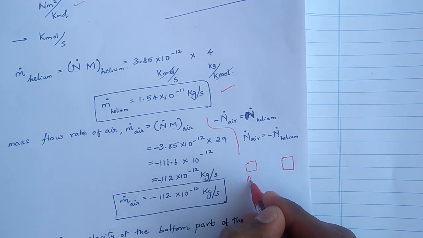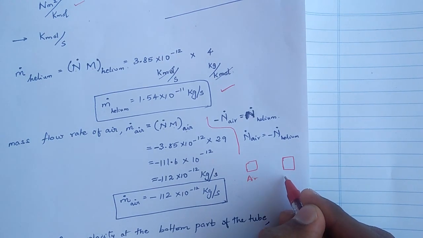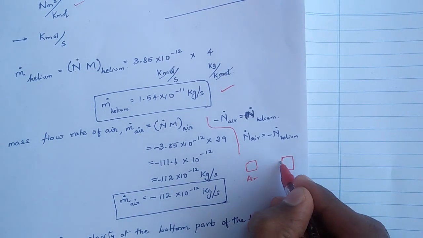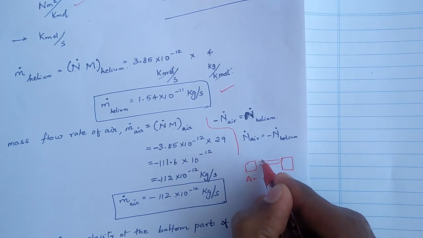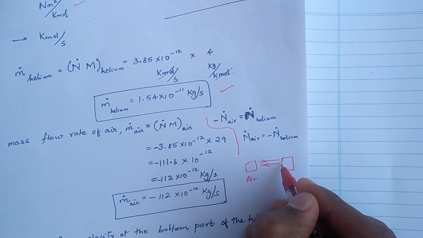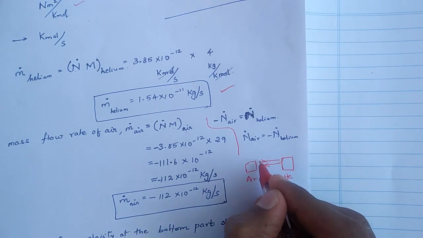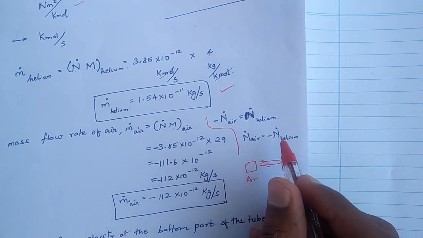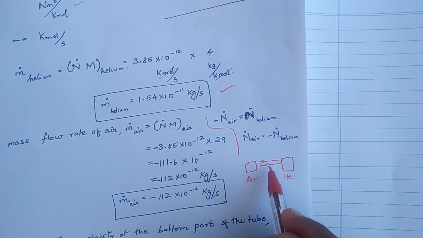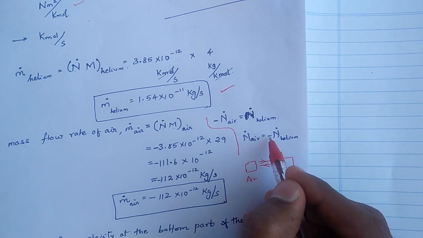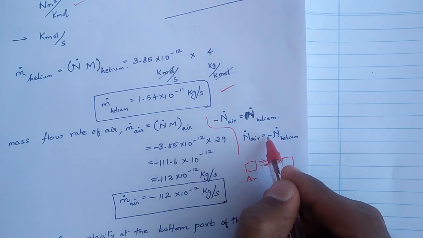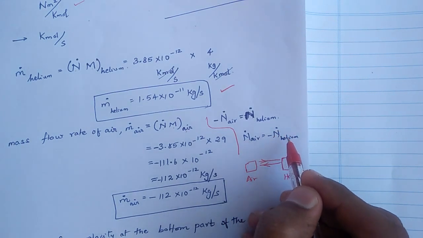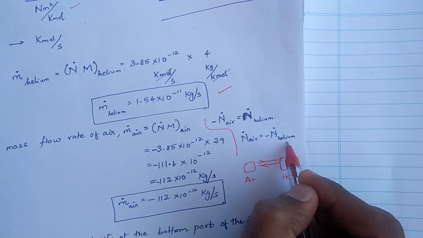So this is air and this is helium. So if helium travels in this direction, your air will be traveling in this direction. So if 1 mole travels in this direction, 1 mole will be traveling in the opposite direction. So to take that parameter into account, you will be having a negative sign. So the molar flow rate of air is given by minus of molar flow rate of helium.